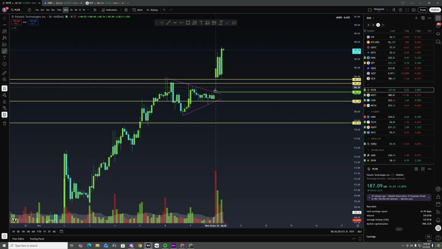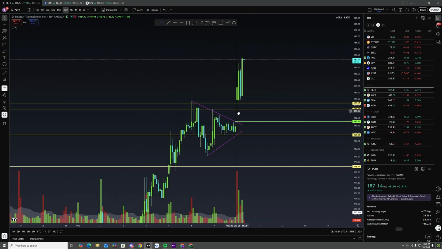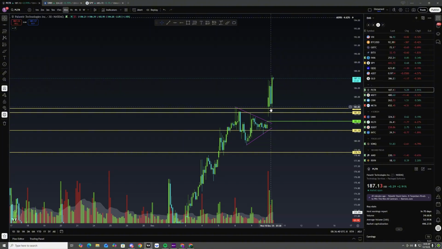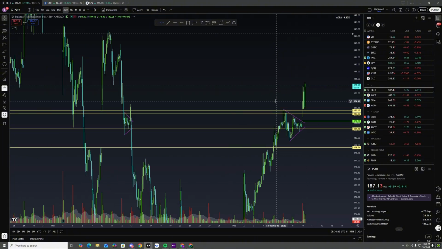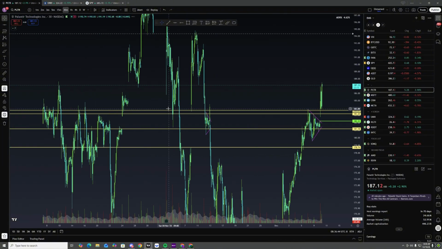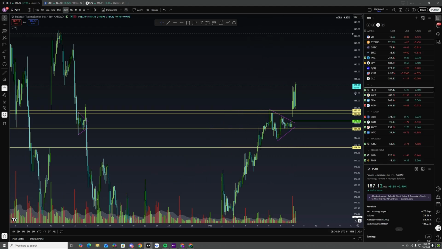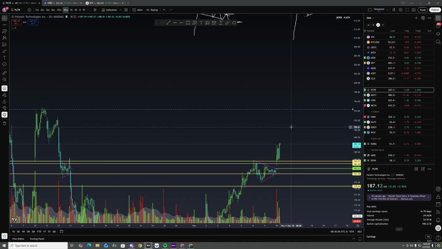And you have our entry right here and our stop loss right below. I was watching this for today, but Palantir ended up gapping up above, so it actually didn't give us an entry. But it ended up playing nicely, right? And as you can see, we're holding these levels of support and resistance right up above, because we gapped up and came back down to retest it. And right now we're building above this level, right?